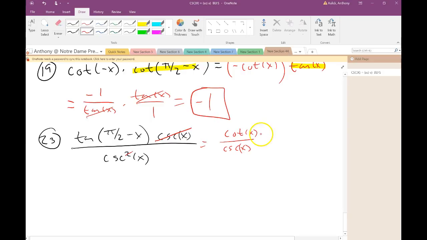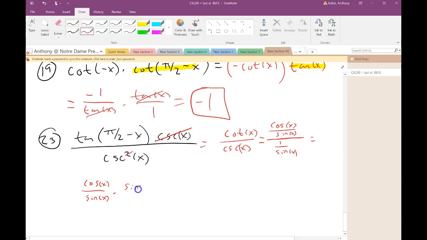So write them in terms of sines and cosines. I like that plan. Cotangent is cosine over sine. And cosecant is 1 over sine. So now we have a fraction over a fraction, right? How do we simplify something like that? This is really just dividing fractions. That's easy as pie.